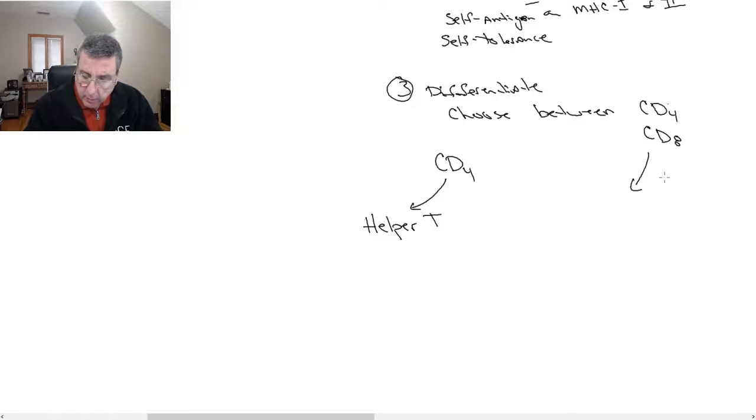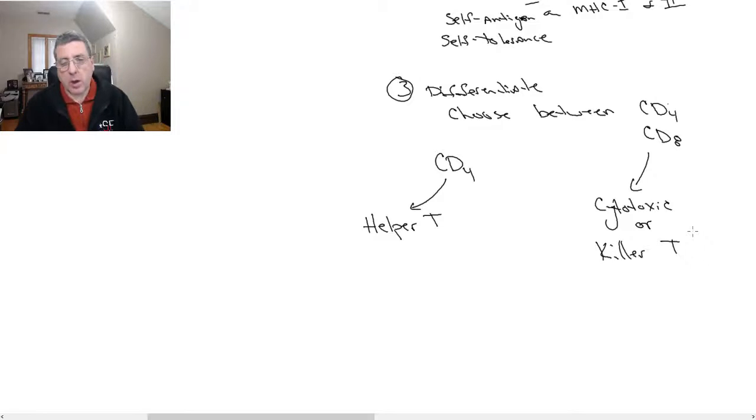CD8 on this one is going to be the cytotoxic or killer T cell. Okay, at this point they are immunocompetent. Okay, so they're still naive, but they have functioning receptors on them.